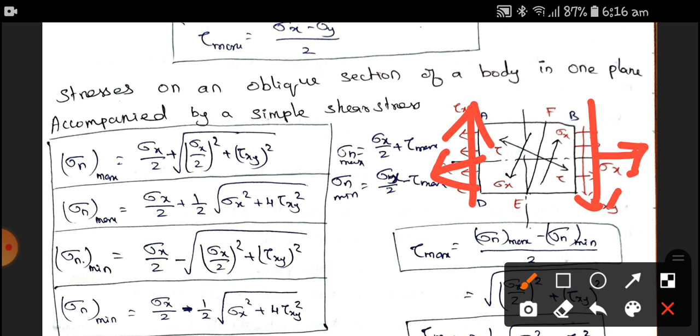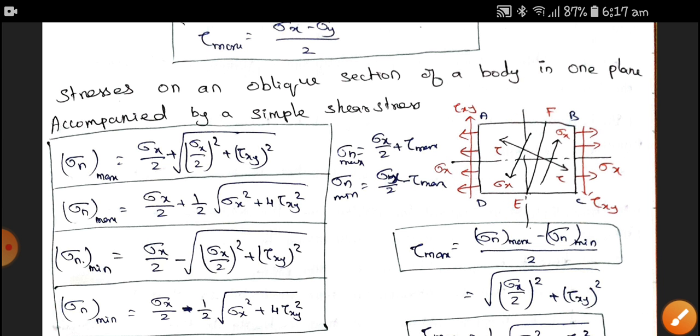If the shear stress is given, we have to put a secondary shear stress like this, which is called the complementary shear stress. In order to balance the shear stress, we make two shear stresses in the opposite plane.